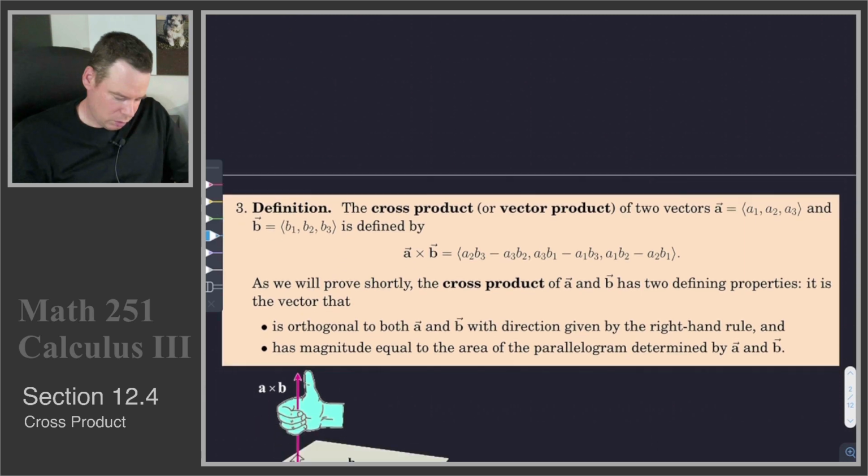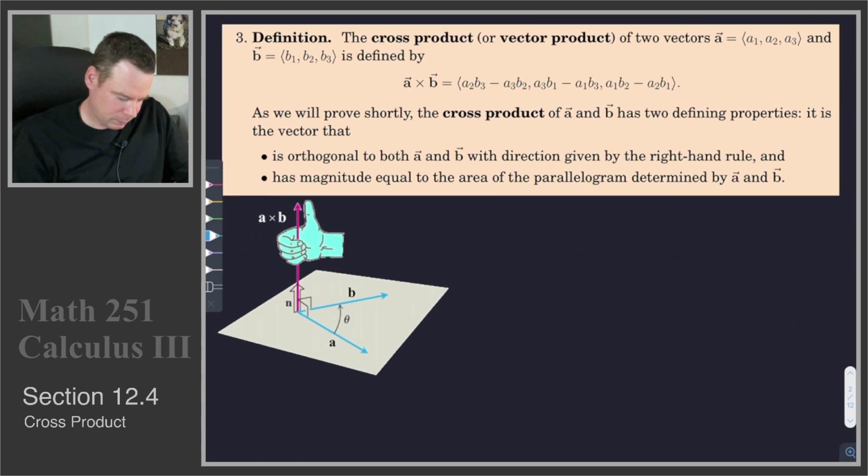So what is the definition of the cross product? The cross product, or vector product, of two vectors, and again we're restricting just to three-dimensional vectors, that's the only dimension that this cross product is defined in. We've got two vectors A and B. We define the cross product to be this new three-dimensional vector where the three components are given by these differences of products of the original components.